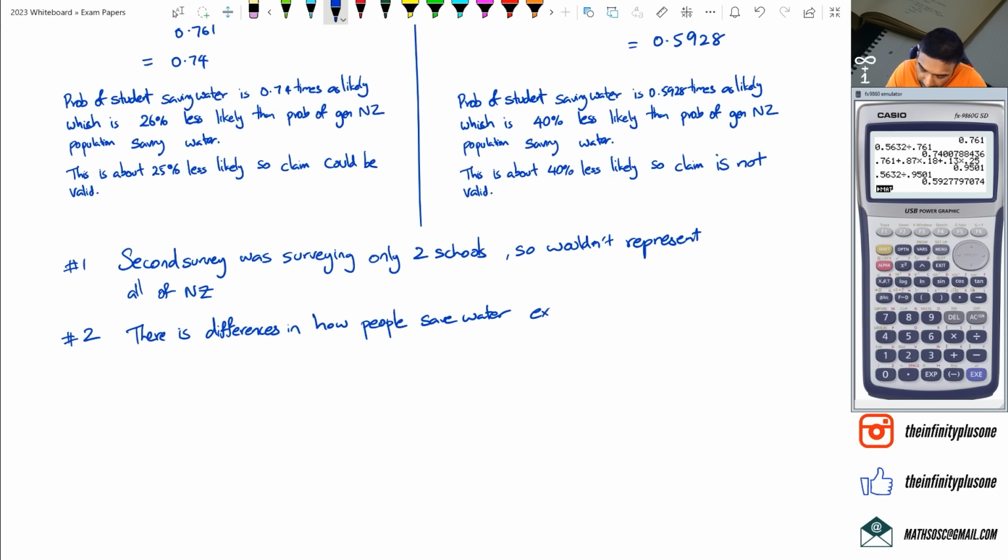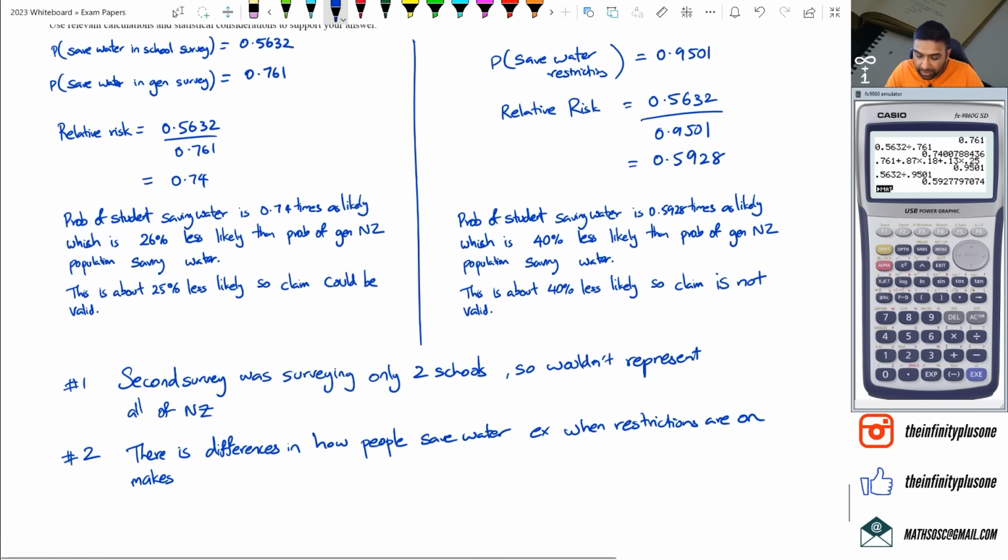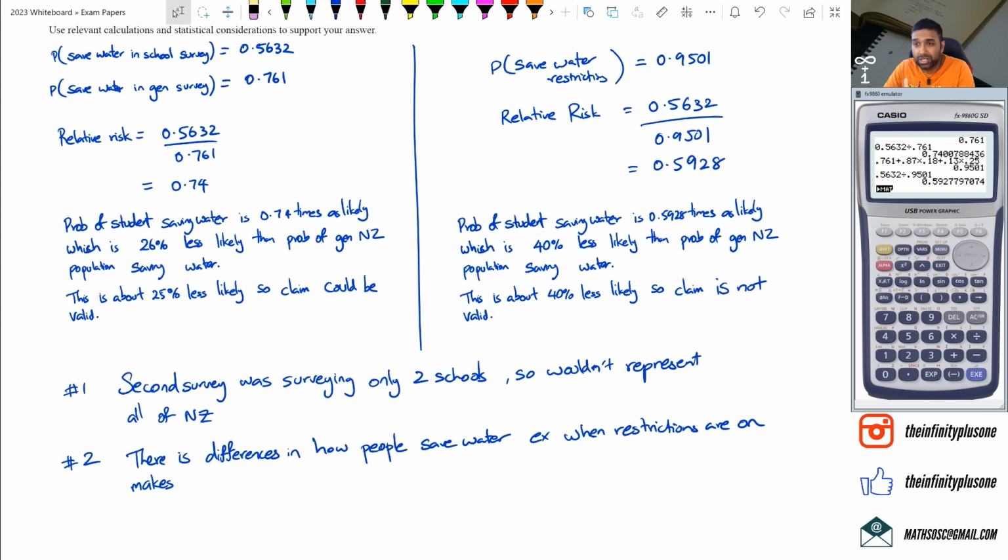So for example, when restrictions are on, I would write that up a little bit more, because you guys can see, right? When we had the 2 different relative risks, one of them was much higher because we included those people that were saving water when the restrictions were on. So therefore it makes making comparisons difficult. That's going to be number 2.